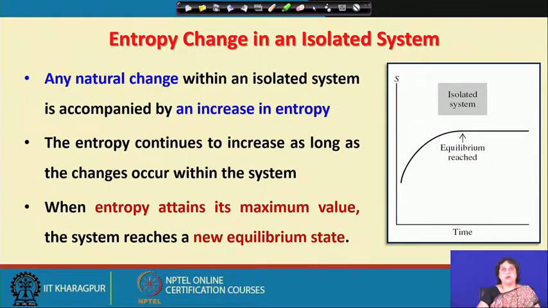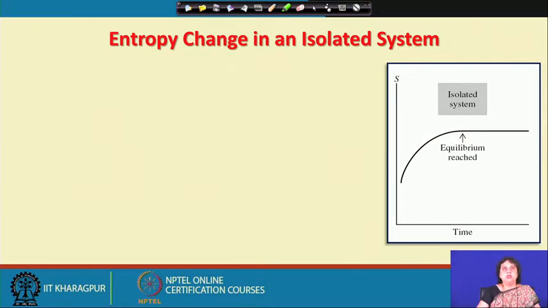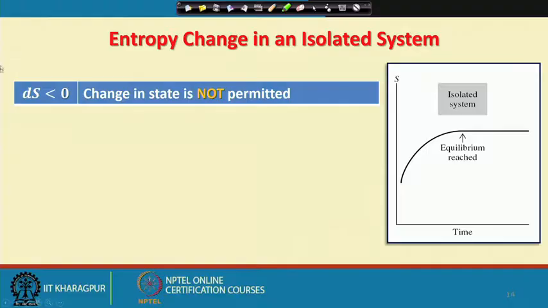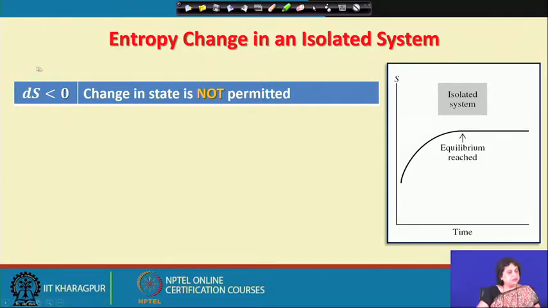And finally, when the entropy attains its maximum value, there will be no further change and the system would reach a new equilibrium state. So, now that we know this, we understand that dS would be less than 0 if I choose any point here when the maximum value has been reached, and there is an infinitesimal perturbation of the system, so that there is an infinitesimal change dS of the system.